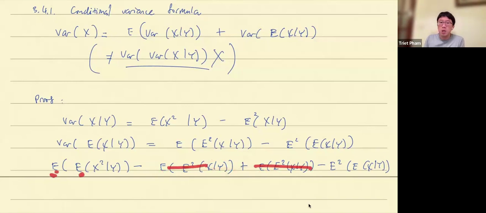This is a double expectation, which turns out to be just the expectation of x squared. This is also a double expectation, because the expectation is outside the square, so the double expectation gives you the expectation of x. So that's just the expectation of x squared minus the square of the expectation of x, which of course is the variance of x.